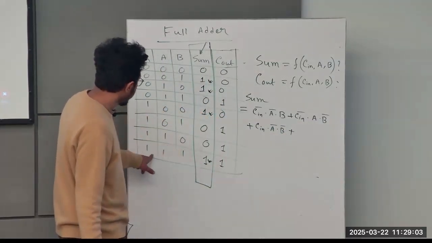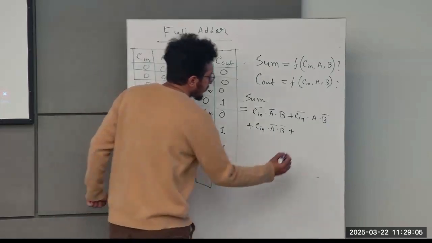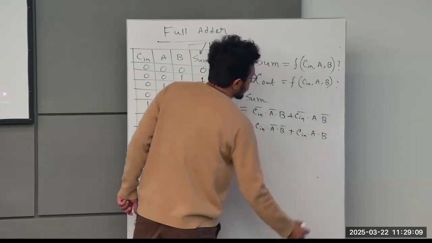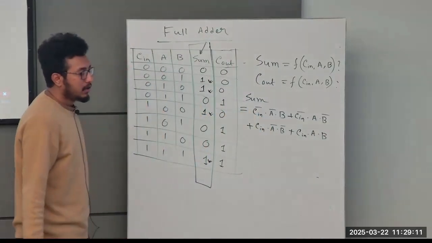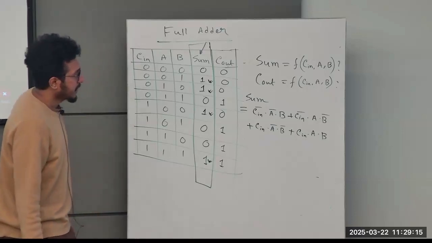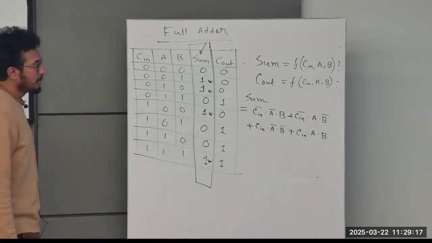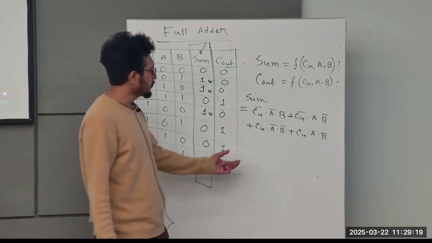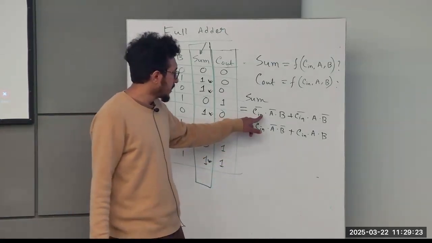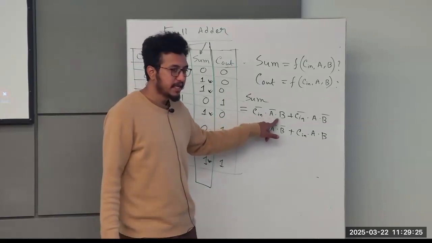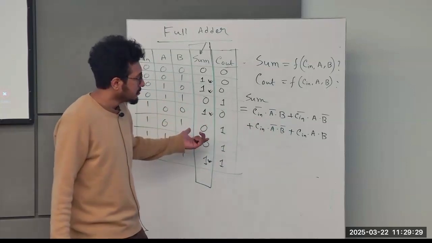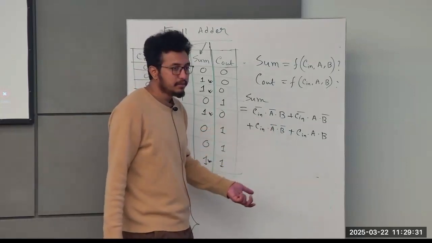This is C in A B. Okay, so this is the expression of the sum function, right? I hope you do not have any confusion with these notations right now, because the dots are basically AND and the plus signs are basically OR, just like we did before.